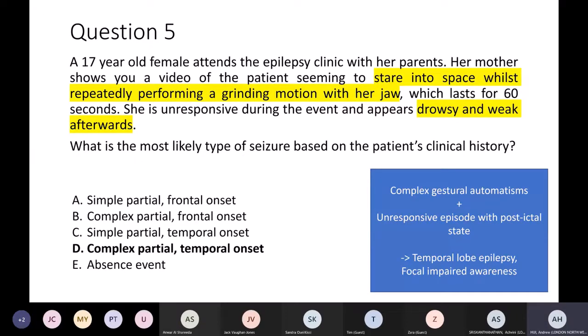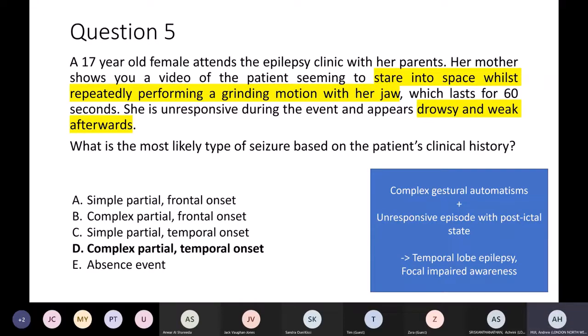The patient is unresponsive and they have a post-ictal state. It's very likely focal impaired awareness. And of course, they use this old terminology interchangeably, so it's worth knowing. Focal seizures are partial, and if they're impaired awareness, we call them complex, but if you have a focal aware, it's called simple partial.